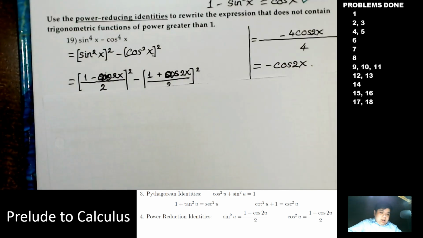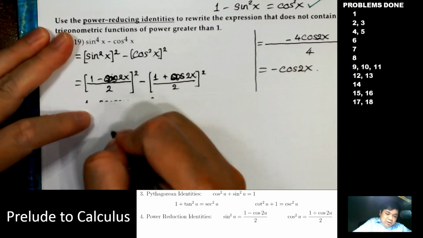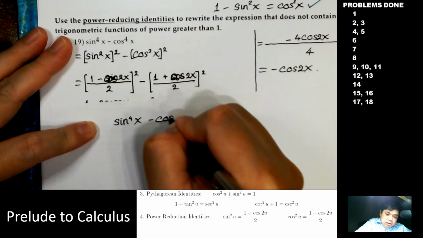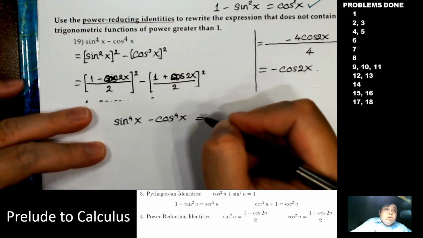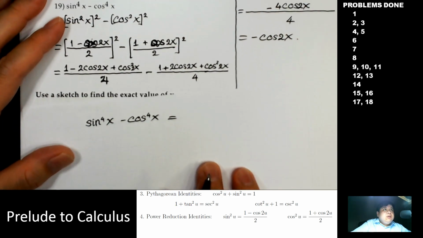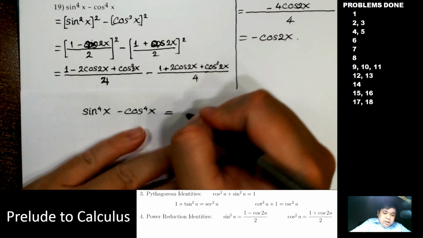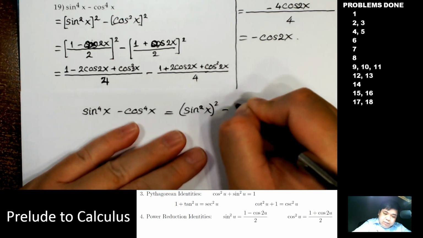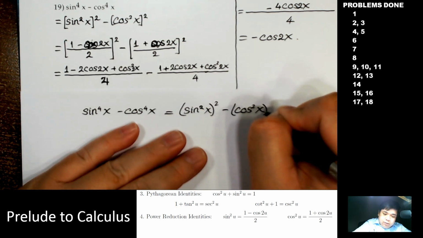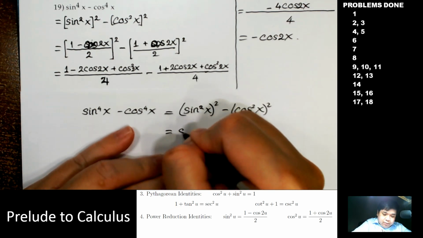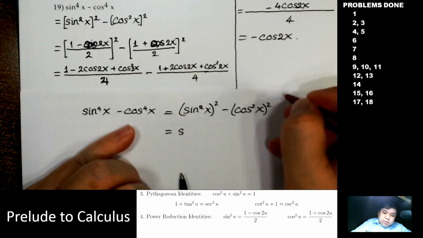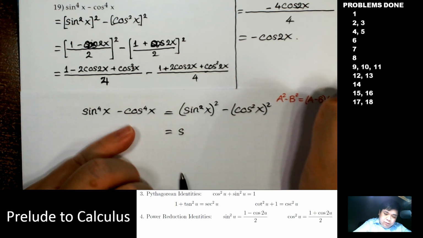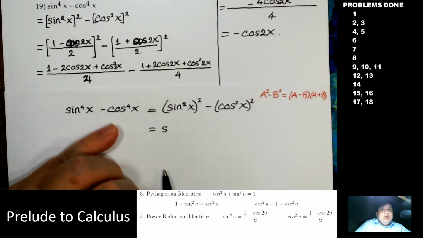Yeah, another way to do this is we use difference of 2 squares, so sine to the 4th power of x, we still start with sine square, squared, and now the difference of 2 squares.